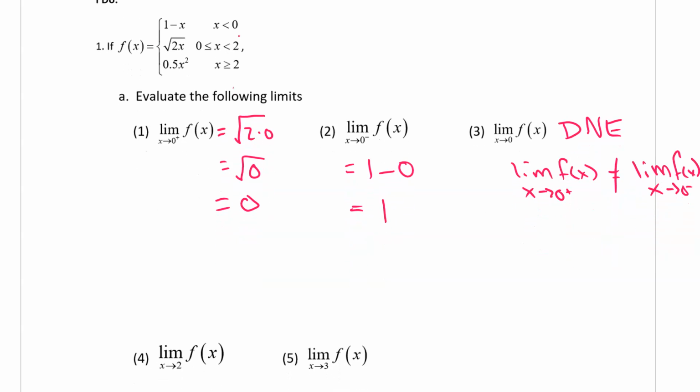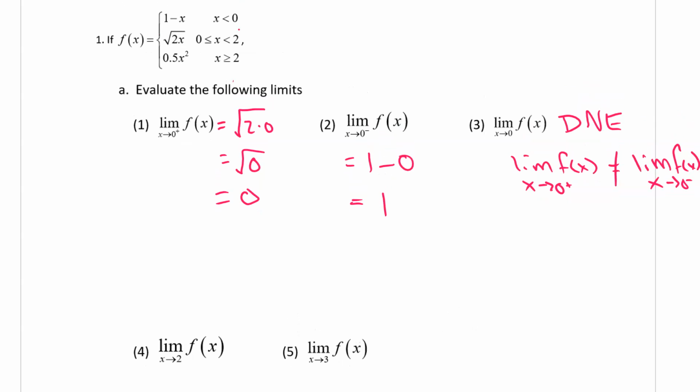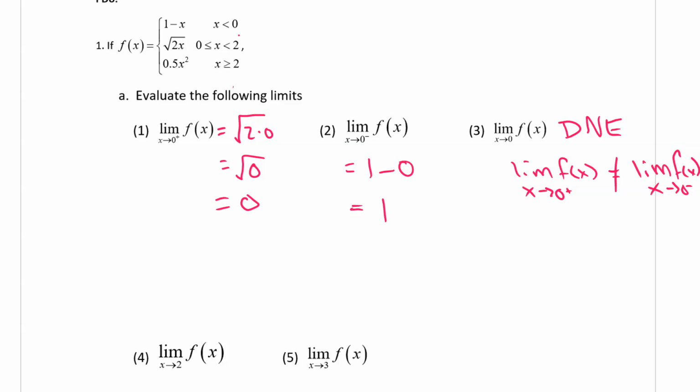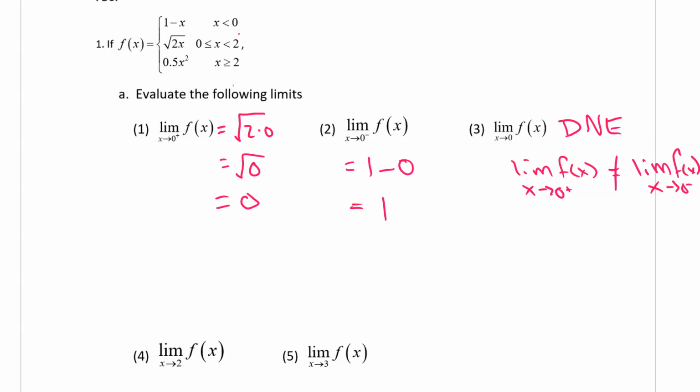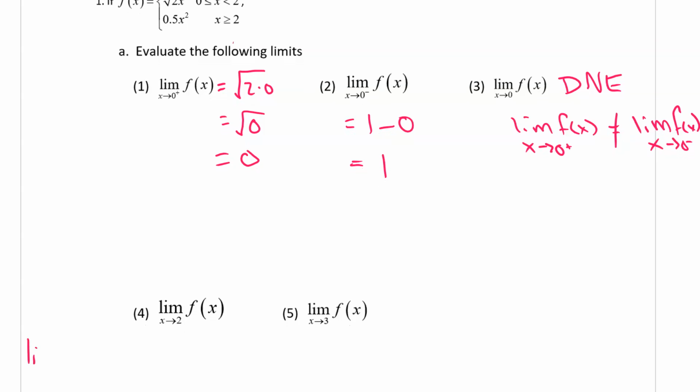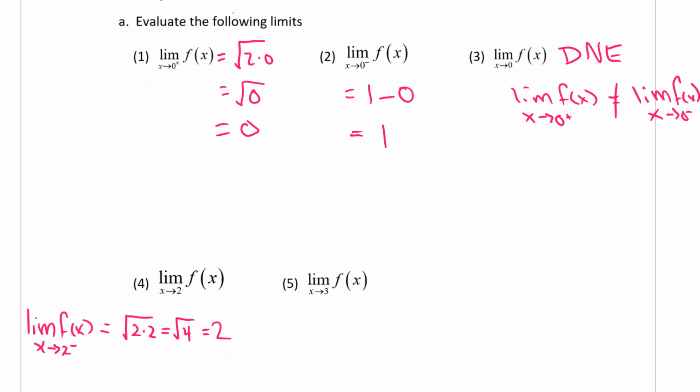Okay, moving on. We've got as it approaches 2 and as it approaches 3. As it approaches 2, we're going to have two pieces. We've got the left piece, which would be the square root 2x, and the right piece, which is going to be that 0.5x squared. So let's go ahead and do those left and right pieces. Okay, so we get 2 for the left.